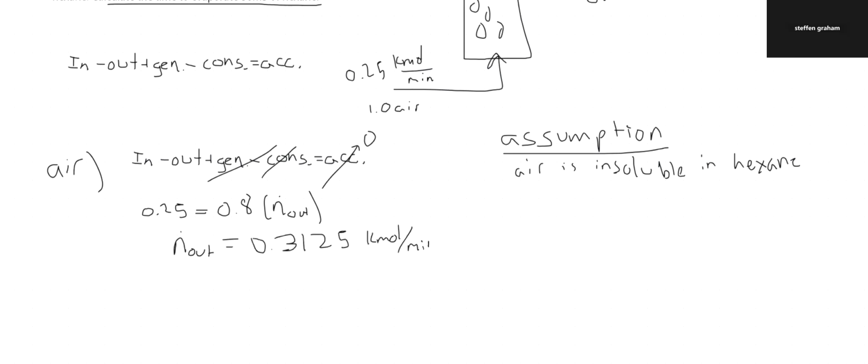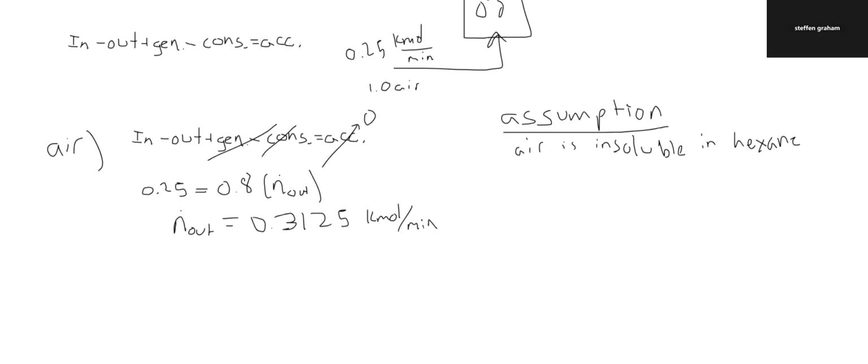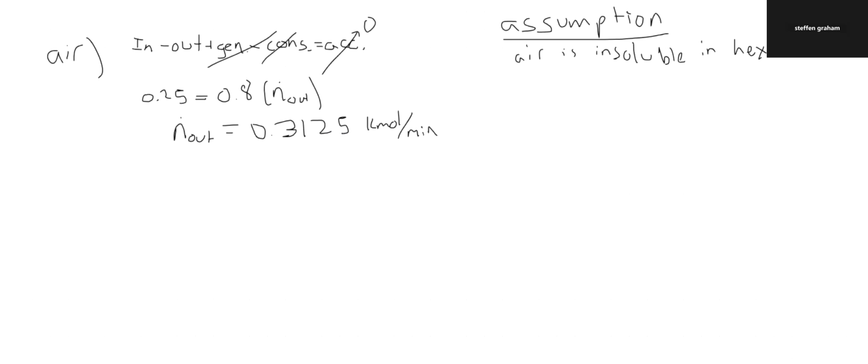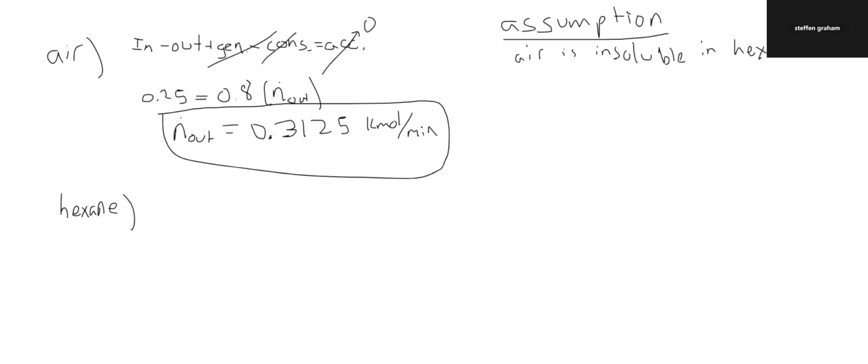Okay, so now we're ready to figure out what the rate of hexane leaving is. For hexane, we know that it's going to be 20% of this N out. Pretty easy. We can just say N out for hexane.